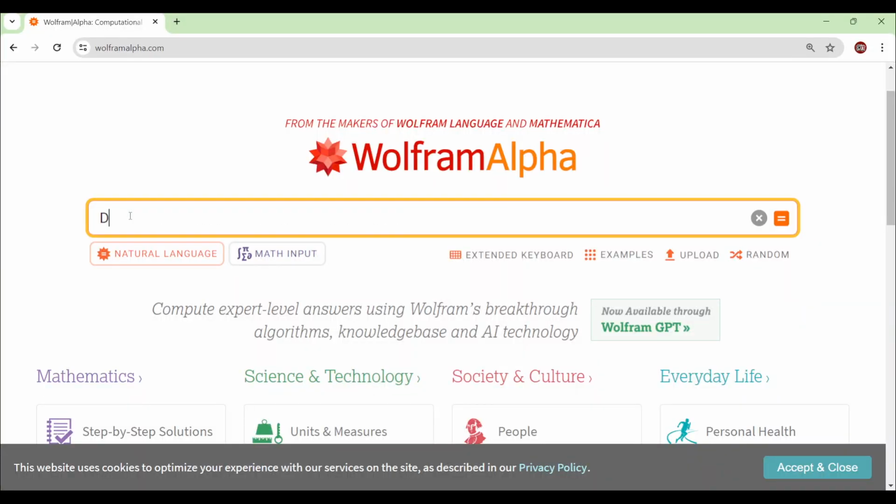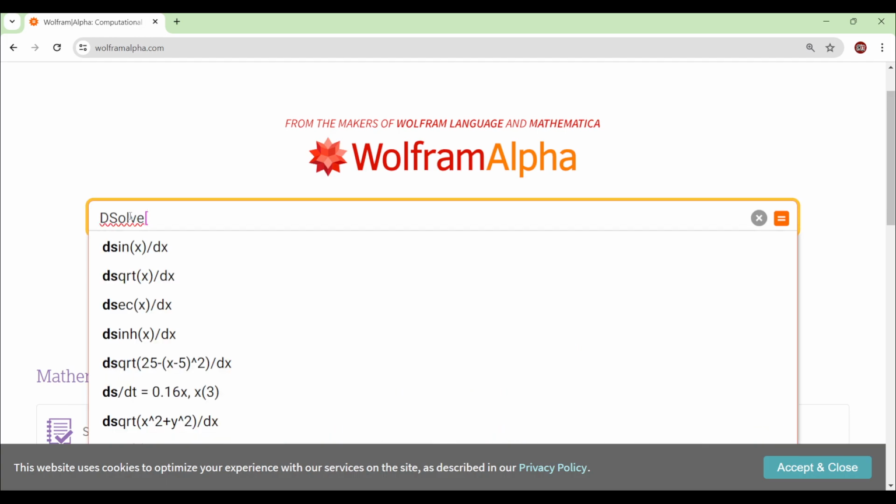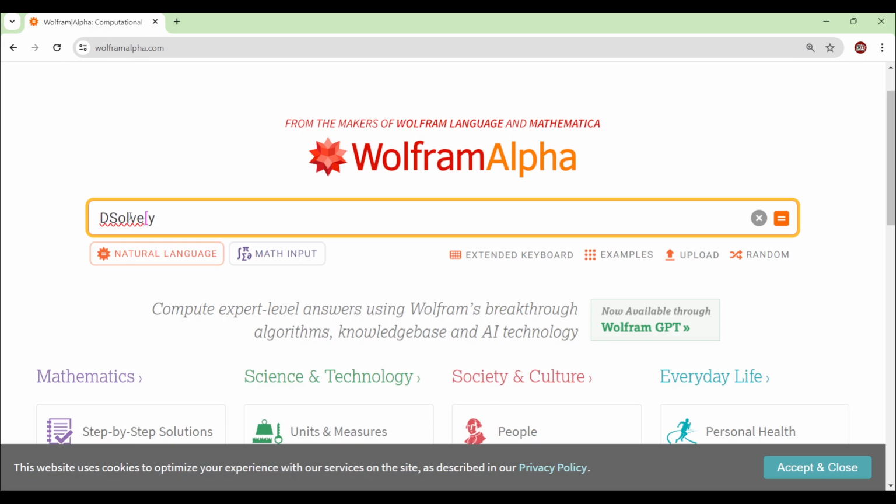So I think we should write d-solve, meaning differential equation solve. And what is the equation? The equation is y prime minus 4 times y. Yes, is that right? No, what was the equation? Plus 2y. Plus 2y equals to what? 2x squared times exponential function.